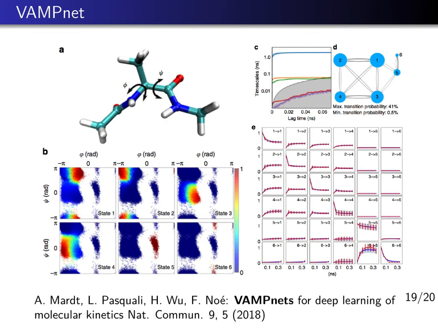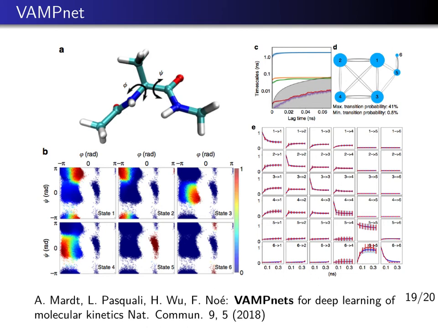And then the matrices that we will estimate as part of evaluating the loss of maximizing the VAMP score will actually directly give us a Markov chain transition matrix. So we immediately get a Markov state model by optimizing a VAMPnet without any additional computation.